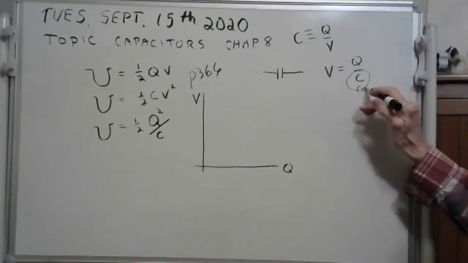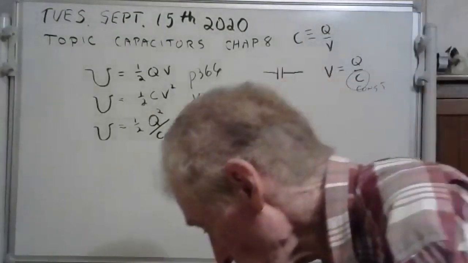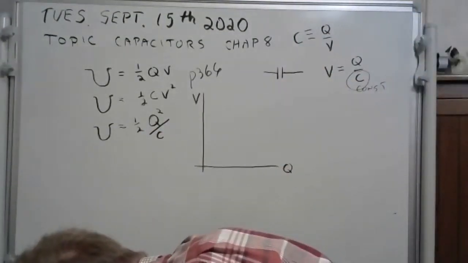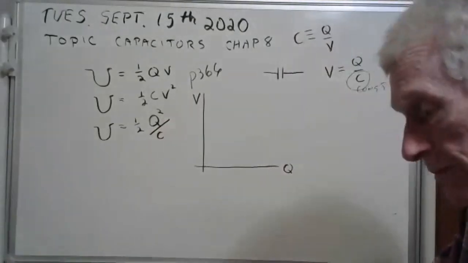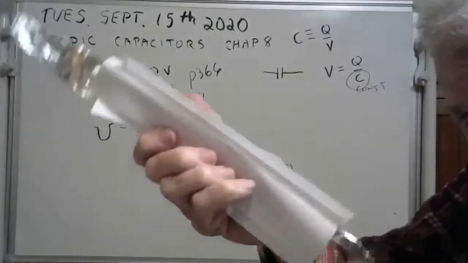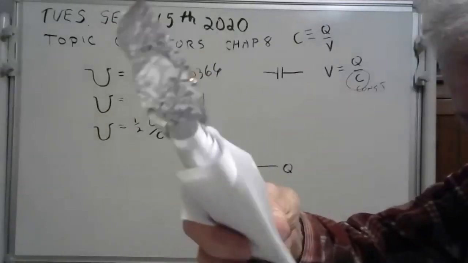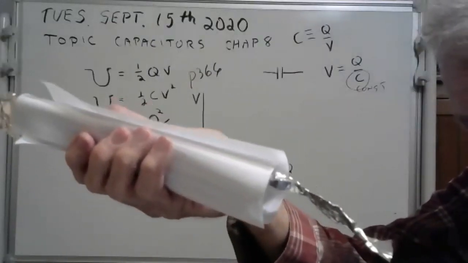C is a constant. Once you make your capacitor, remember I made one earlier. It's starting to unravel, unfortunately. There it is. Remember my wonderful capacitor with my Oklahoma Panhandle connections?